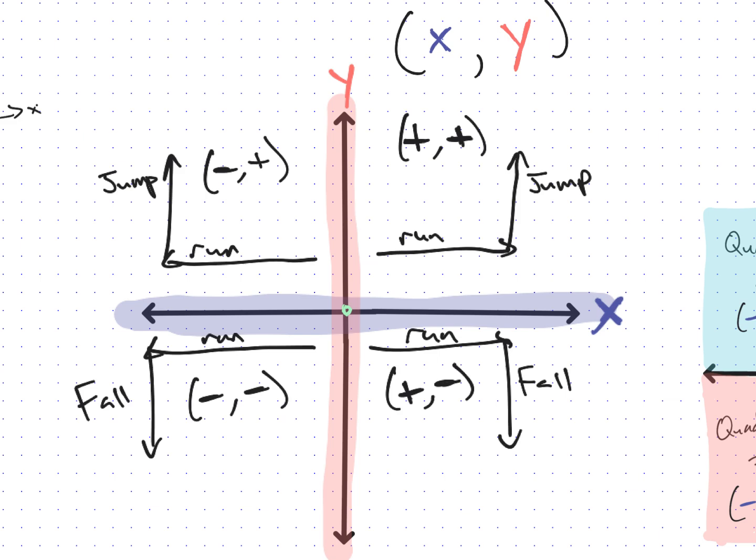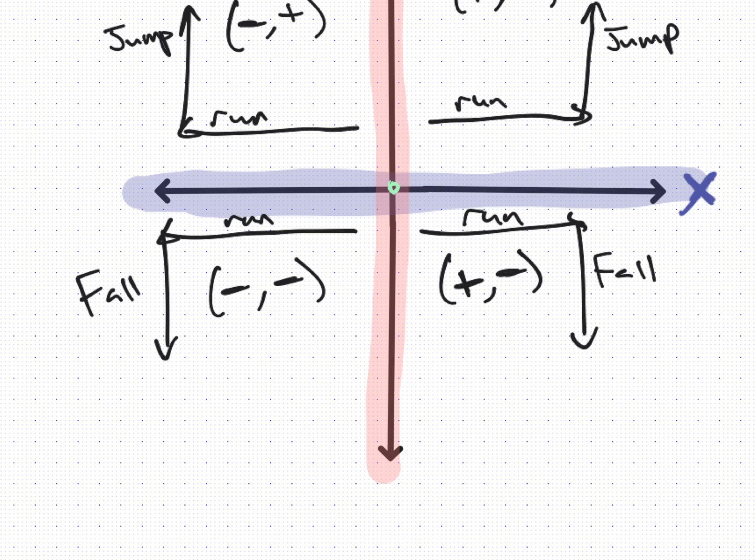If we have two negative coordinates, we're going to be down here in quadrant 3. We are going to run however many units, and then we're going to fall. I'm going to flip it a little bit. And the last one, if we're in quadrant 4, our x coordinate is going to be positive, but our y coordinate is negative. So we run and then we fall.